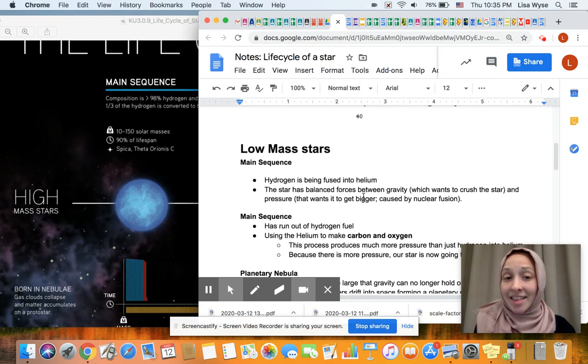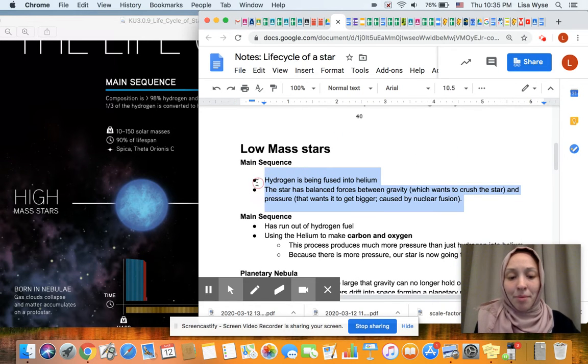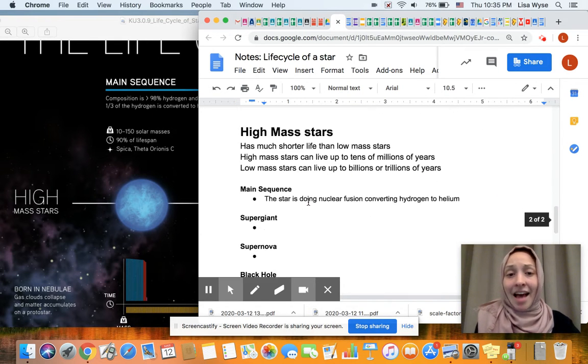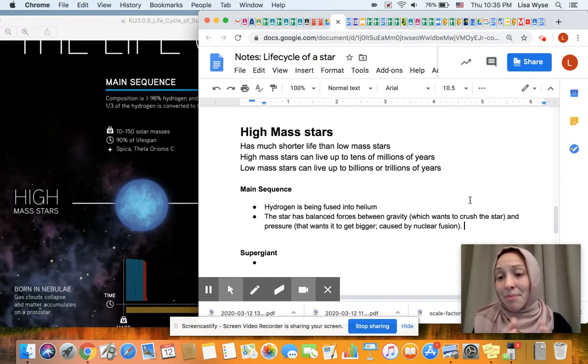So at this point, I'm going to copy and paste this exactly into my high mass star, because it's the same thing that's going on. This star is just bigger. The number of years is different, because the star is bigger, it is not a main sequence star as long.